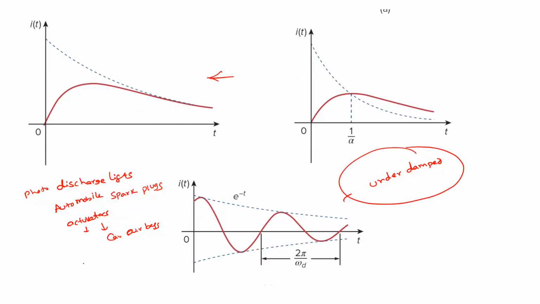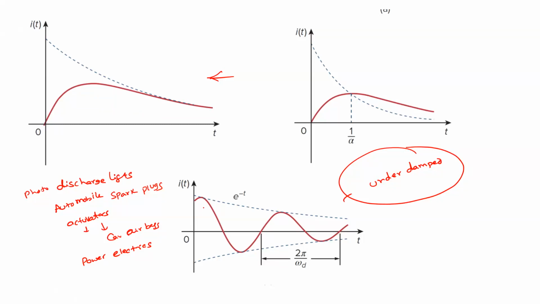So some of the applications are power electronic circuits. Almost all power electronic circuits use these second order circuits. So why exactly is it useful? If you solve some more problems, you will understand that.